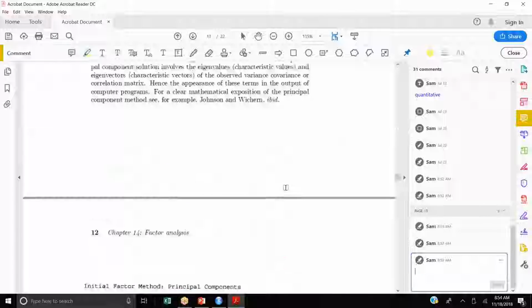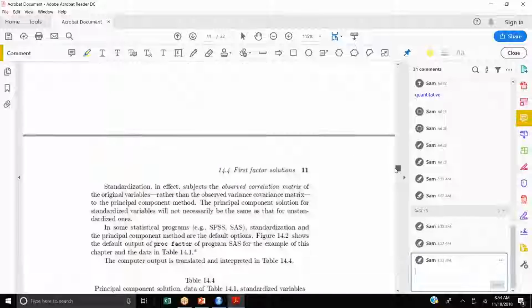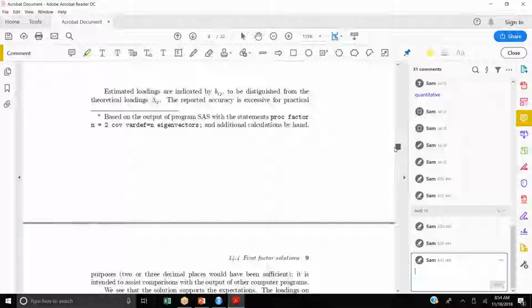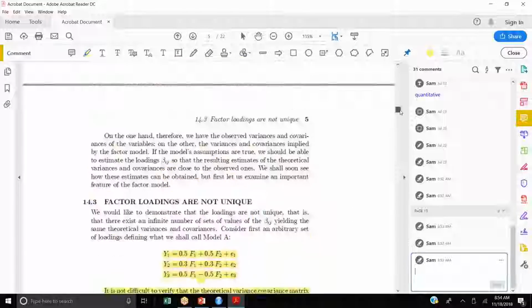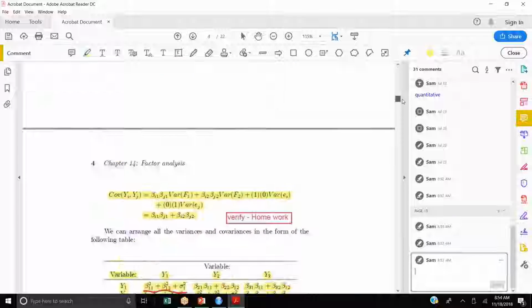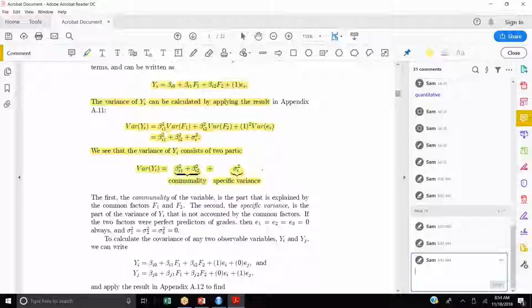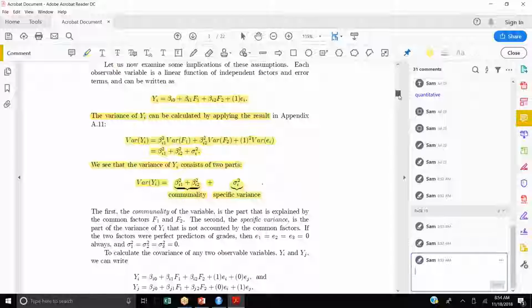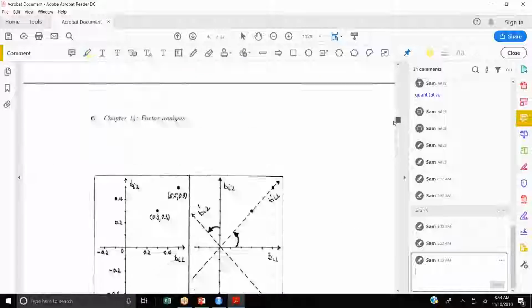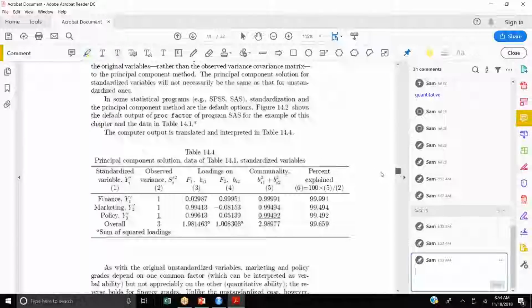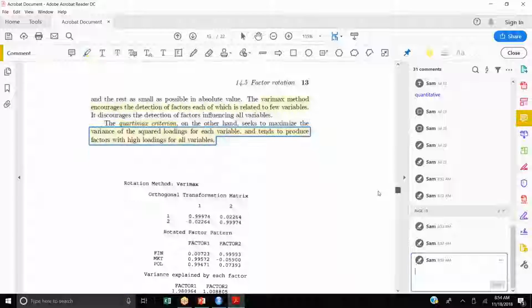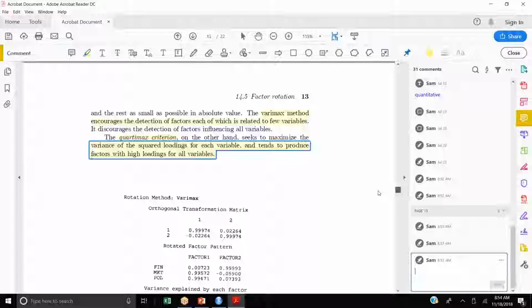That's what communality is. I'm just recalling the formula for you. The variance is communality plus specific variance. So if you want to create a solution, it should explain the squared betas, the loadings.